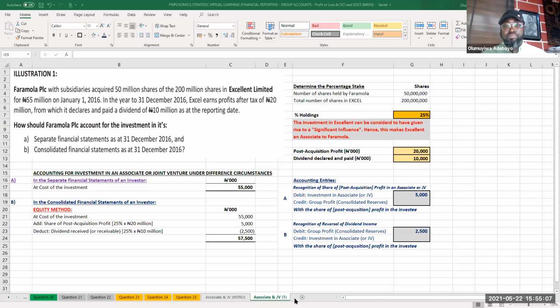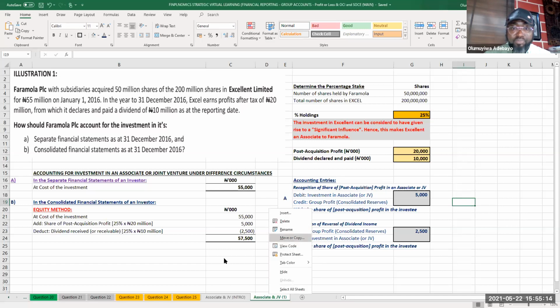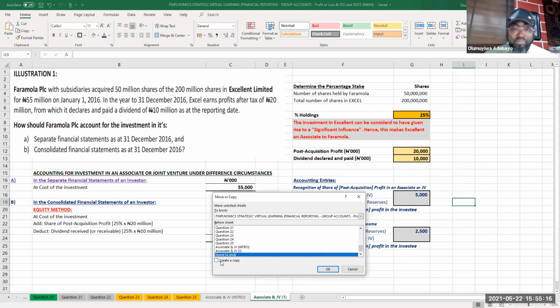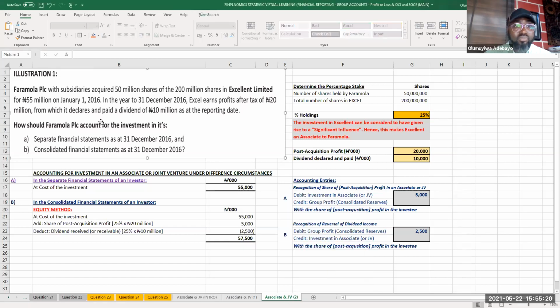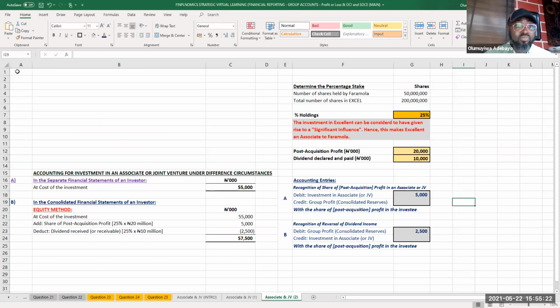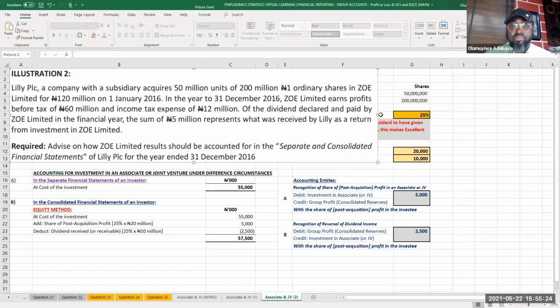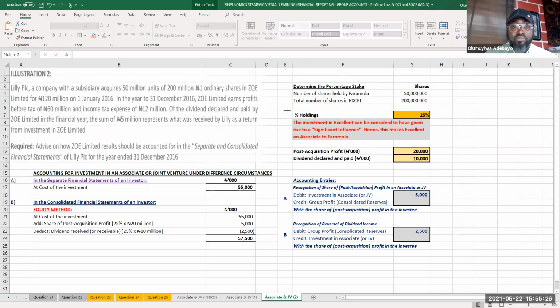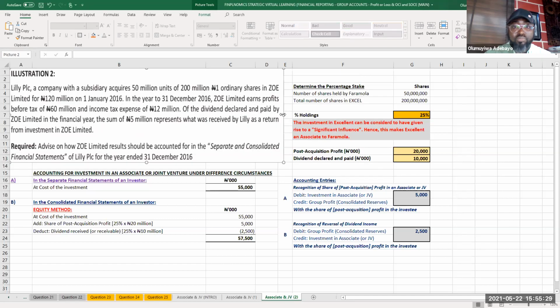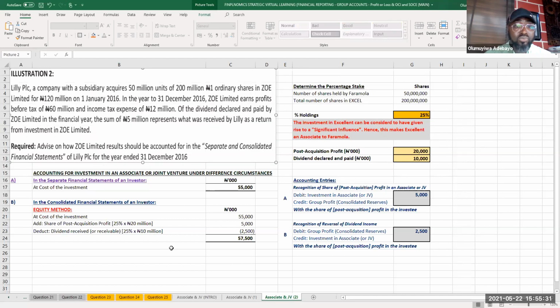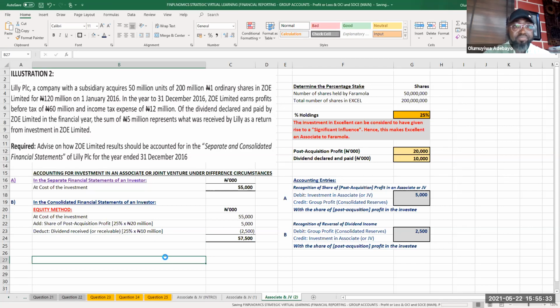Who will solve this? Can somebody read the question now?